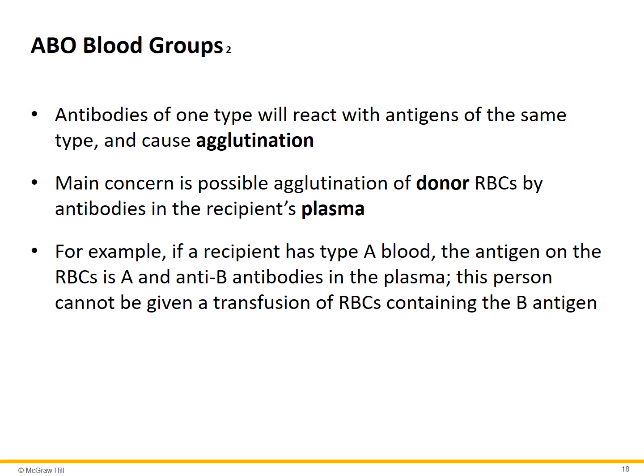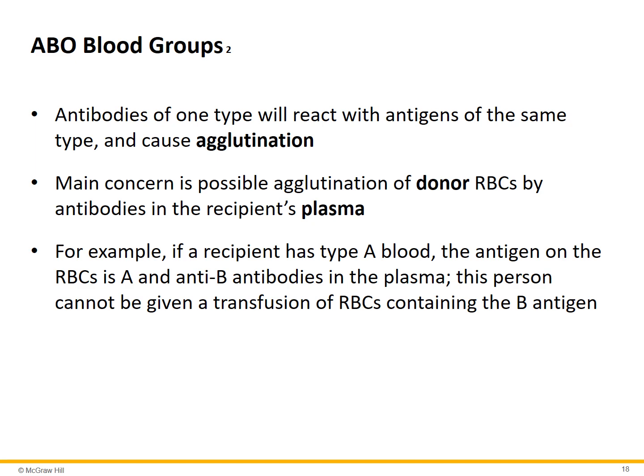I'm type A minus; if I got type B blood, that would happen. If this doesn't make sense, you're fine. Let me read the next statement. If I have type A blood, my antigens are A, I have anti-B antibodies in my plasma, you could not give me type B blood.